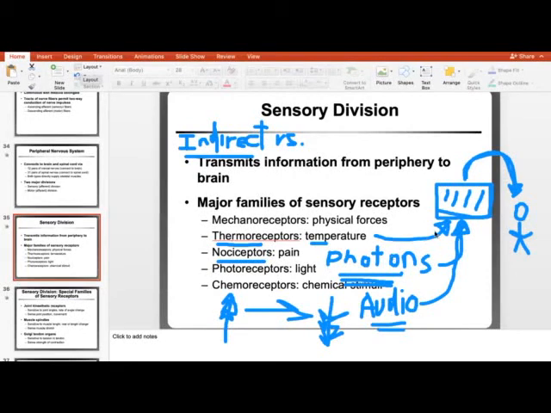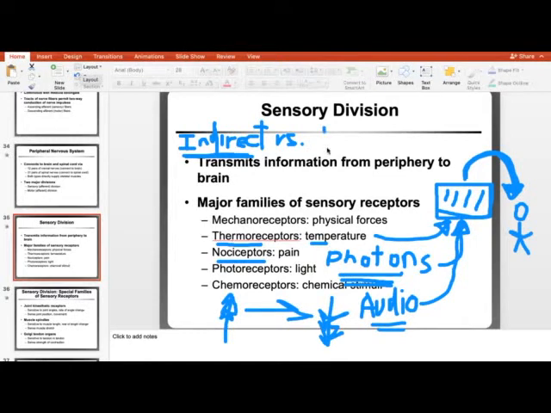I receive information, the brain does something, and then I can perceive the information. So this perception, right? This perception that occurs, or the ability to use that information, is indirect. It's indirect because it takes an extra step. And the extra step is the brain. The brain does it.